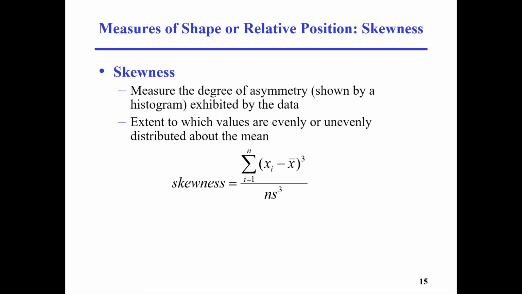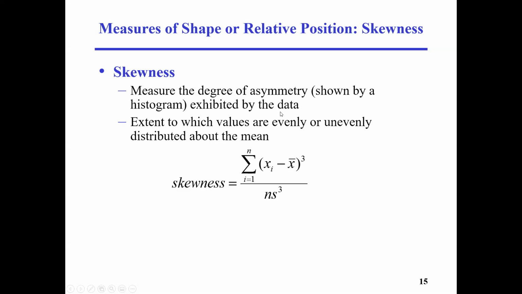Okay, then let's talk about the shape or relative position of histograms for data sets. We're using this word, called skewness. Skewness measures the degree of asymmetry exhibited by a histogram of the data.